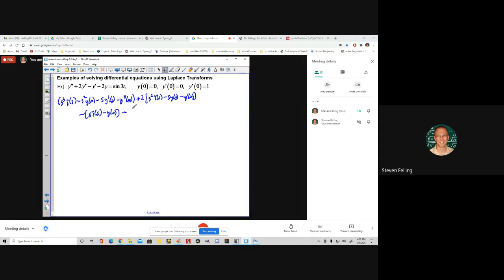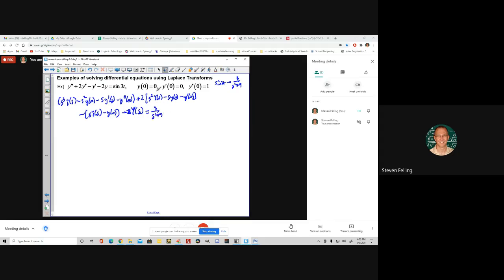And then minus 2 times y, and the Laplace transform of y is just Y(s). Now on the right-hand side, instead of employing all those crazy lookup tables, we can just take the Laplace transform of sine of 3t, which is itself a lookup table. So if you use a table, sine of 3t transforms to 3 over s squared plus 3 squared, so we'll get 3 over s squared plus 9.